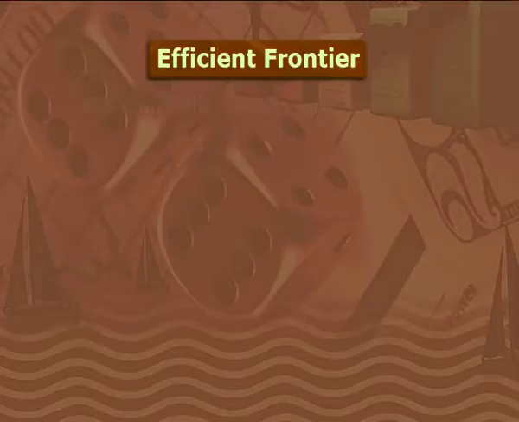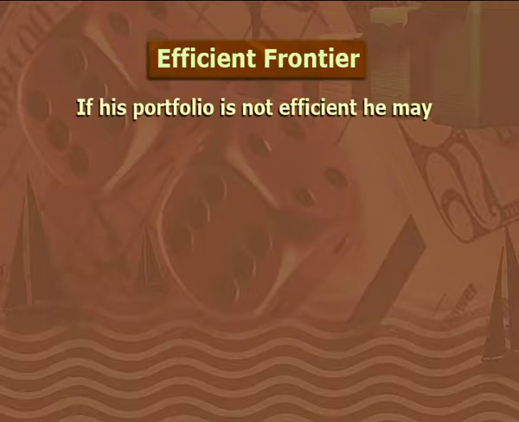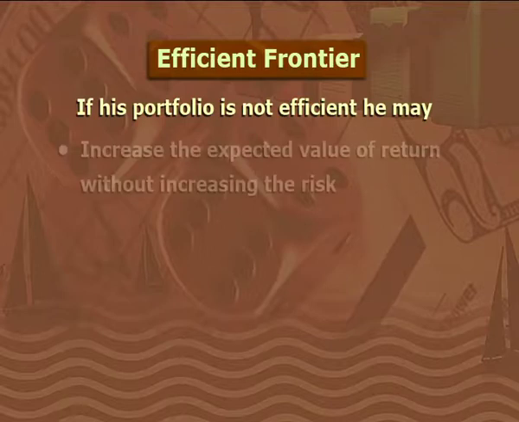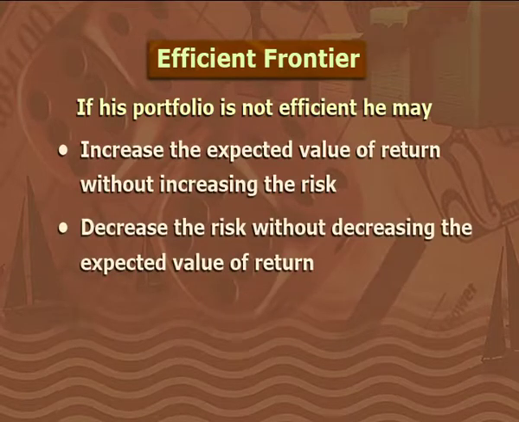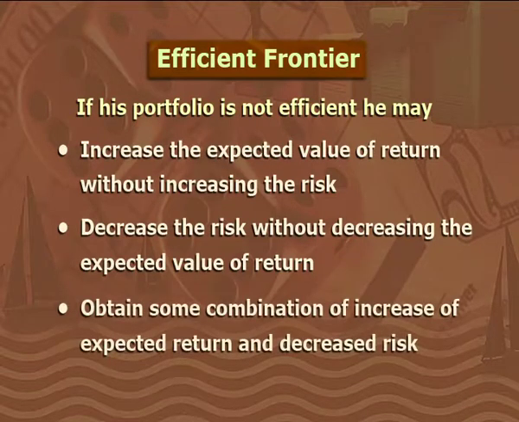Where investments with less than perfect correlation will reduce portfolio risk, diversification would be gainful for the investor. If his portfolio is not efficient, he may increase the expected value of return without increasing the risk, decrease the risk without decreasing the expected value of return, or obtain some combination of increase of expected return and decreased risk.